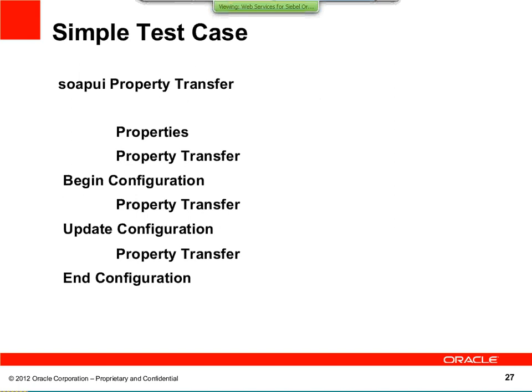But using properties is very powerful and can make the work quite easier. You can run load tests, you can repeat your tests, and things like that. You can run several steps in one go, or instead of cut and paste, you just hit property transfer.